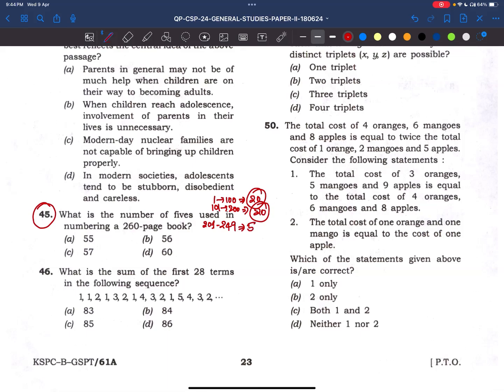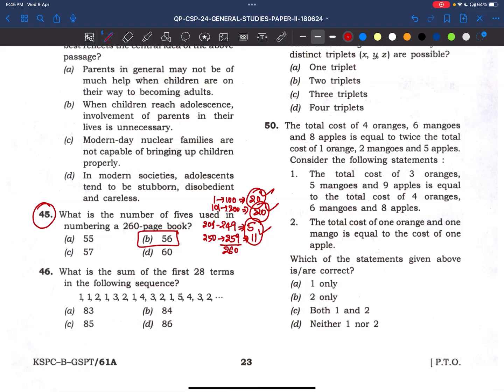That means 5 fives, right? Now from 250 to 259, 11 will be there, right? Let this be 260 as well. So how many total? 20 plus 20, 40, 40 plus 16, 56. Answer is 56. Let's go to the next question.